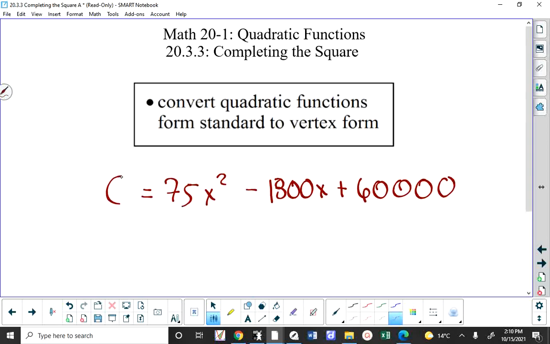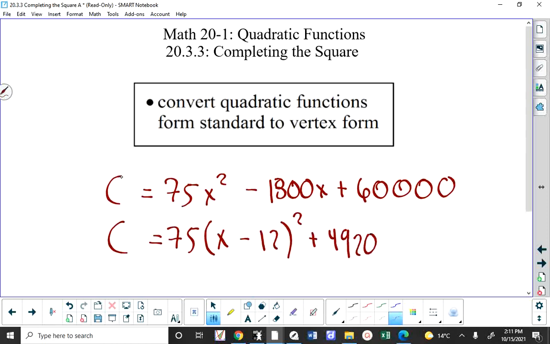So this is in standard form. If this were in vertex form, you could just look at the answer, right? Because in reality, the vertex was at 12, 49,200. So in reality, this is the same equation.